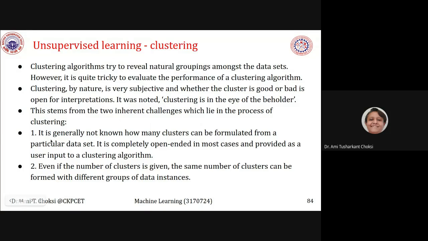One is it is generally not known how many clusters can be formulated from a particular data set. I told you that if 1000 people are there, should we make 1000 clusters? If we make it that way, then in each and every cluster we will be having only one person. So, do we have any advantage of it? No, we do not have.